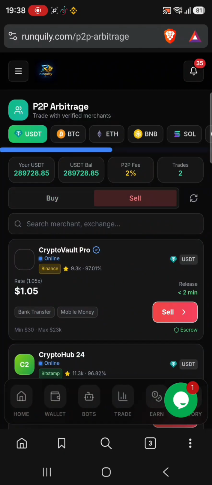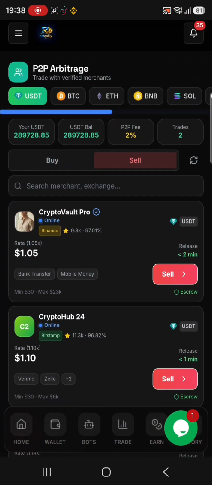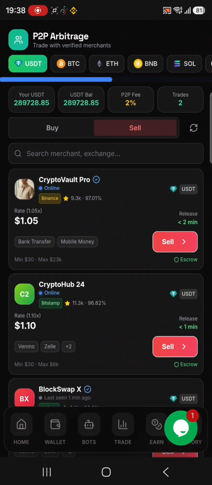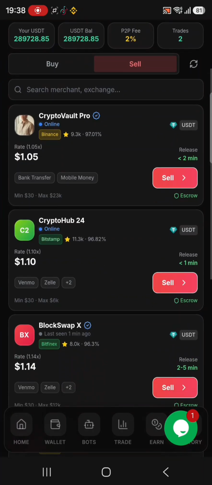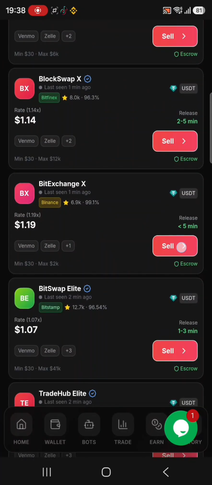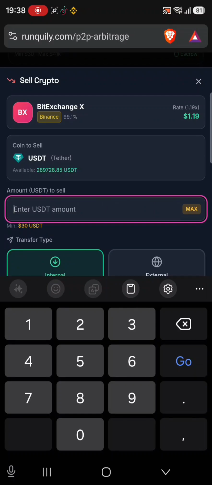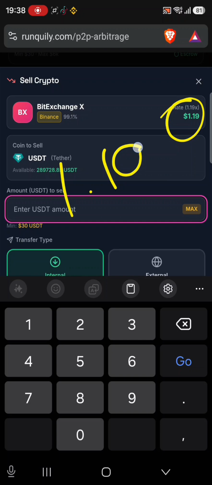So let's start with the arbitrage manually. After funding your assets, that is depositing to your Ranquilly, you just come and find the best rate. Like this one is a rate of 1.19. That means if I buy USDT at a rate of 1.0 on my centralized platform, that is Binance, I can sell here at a rate of 1.19.